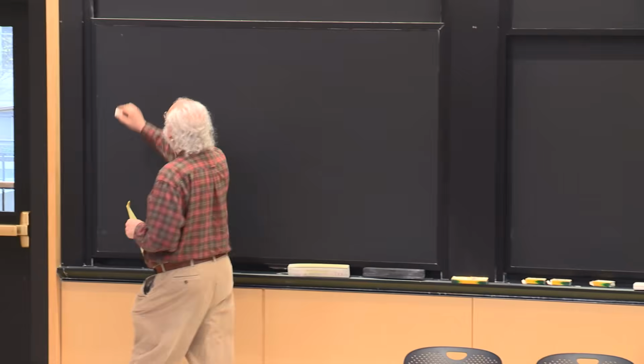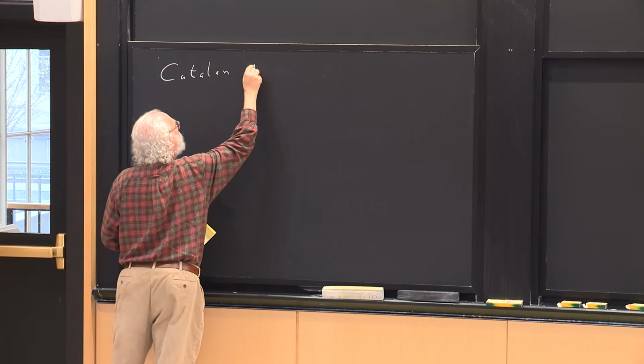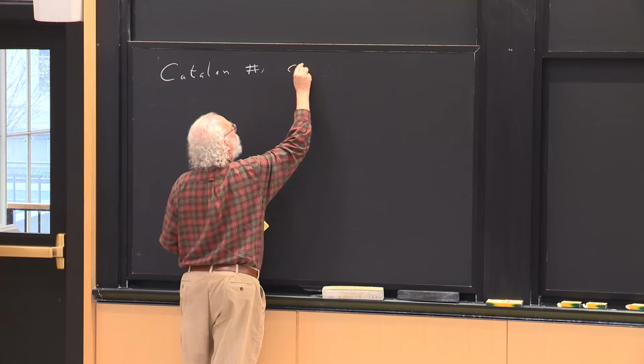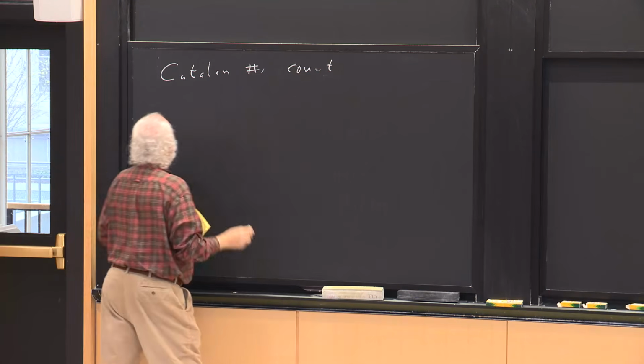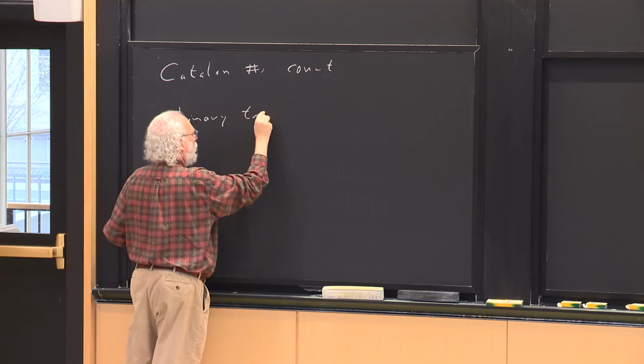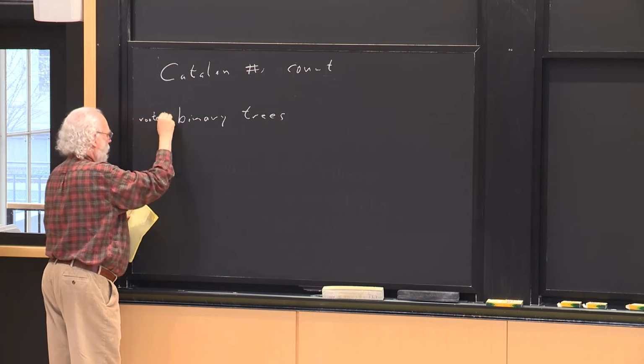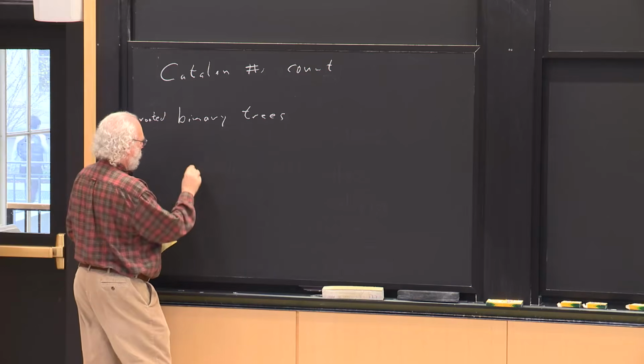generating functions. Okay, so recall that the Catalan numbers counted a whole bunch of different things. Catalan numbers count binary trees, or maybe I should say rooted binary trees.